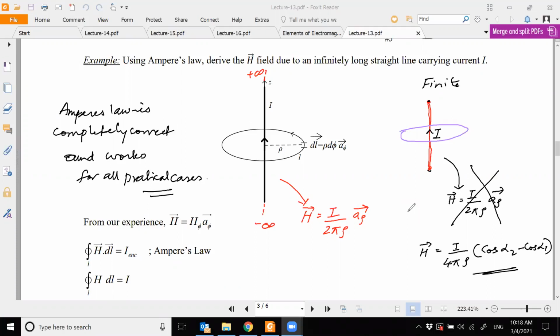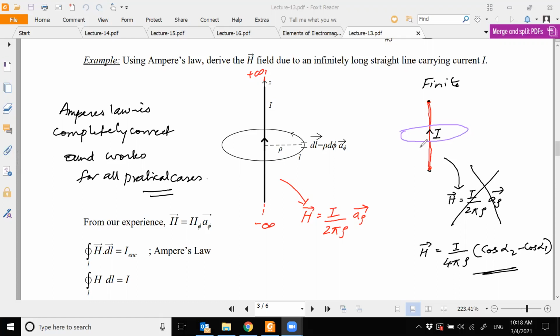What about a transmission line, Doctor? Transmission line is different, because in a transmission line your current will be an AC current, not DC. Here we are talking about DC. Even if it is AC, Ampere's law will hold for AC also.